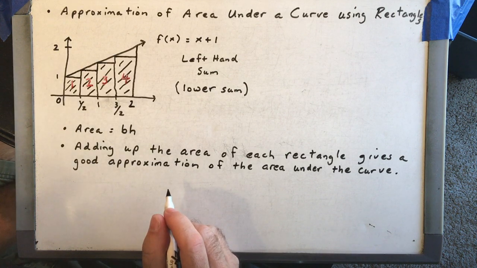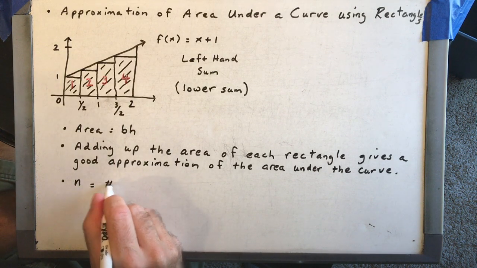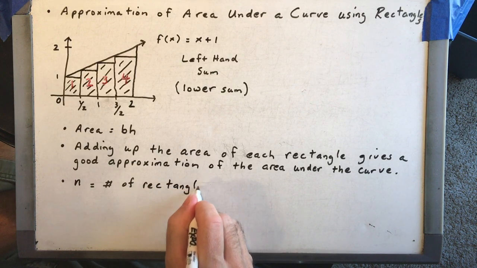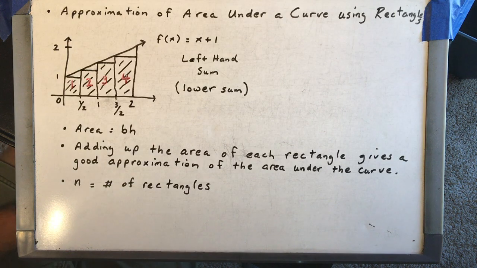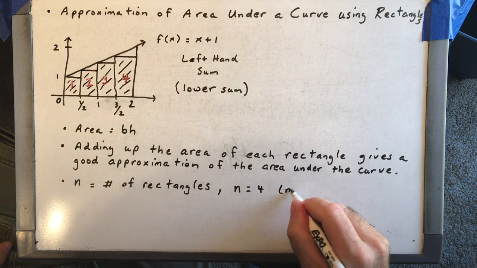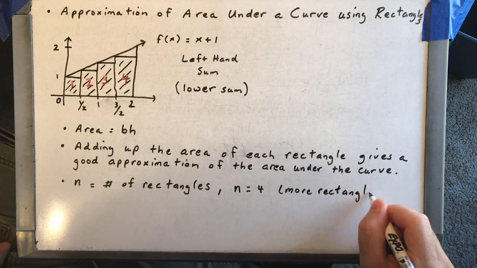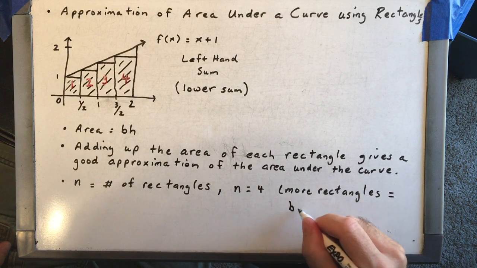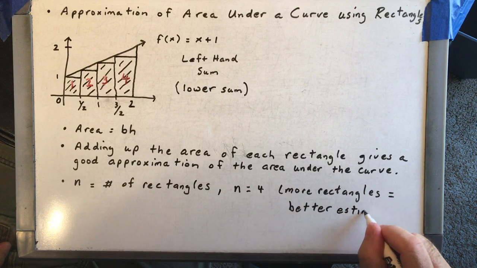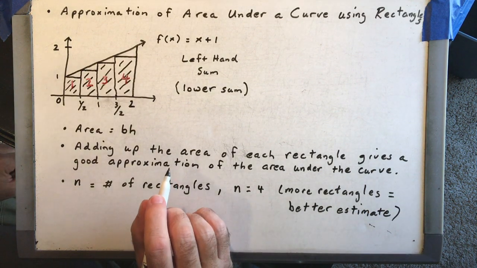So we're going to let n equal our number of rectangles, and in our case, n equals 4. More rectangles will give you a better estimate. But the more rectangles, the more work. So more rectangles, better estimate.